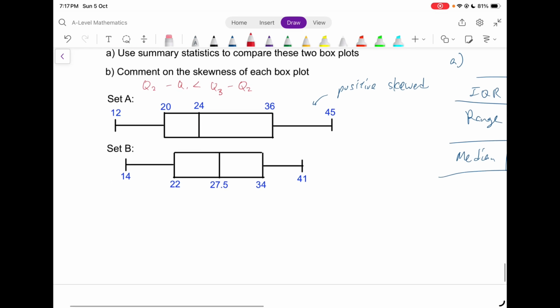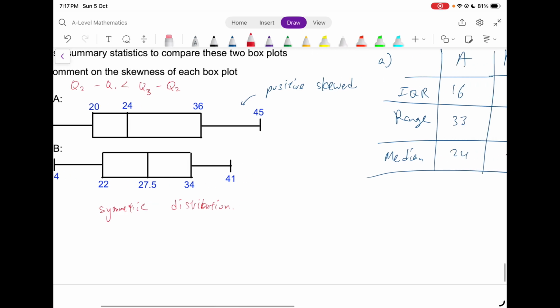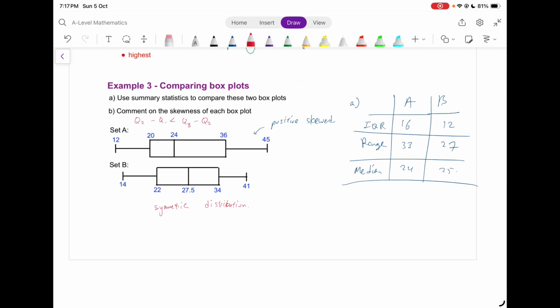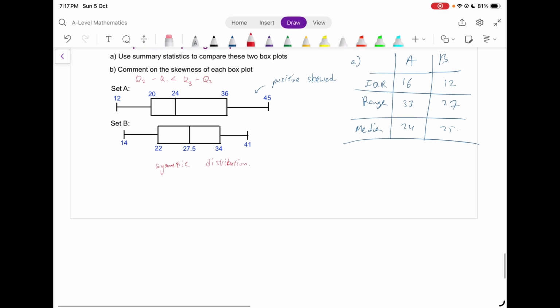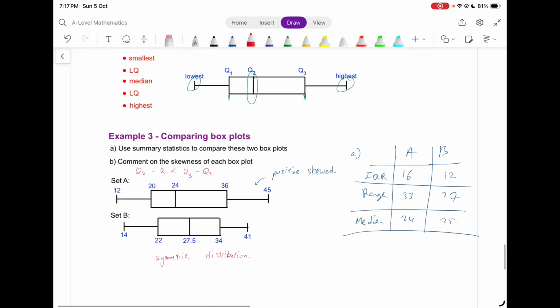But for this one, they are approximately the same, so we can say this is a symmetrical distribution. So either through inspection or through comparing Q2 minus Q1 with Q3 minus Q2. And that will be it for this lecture.